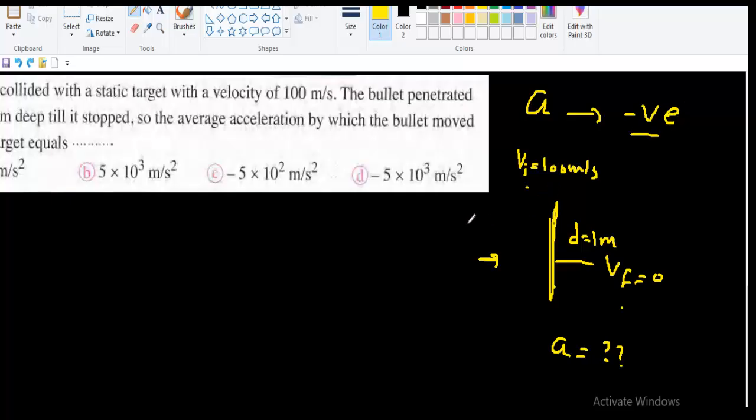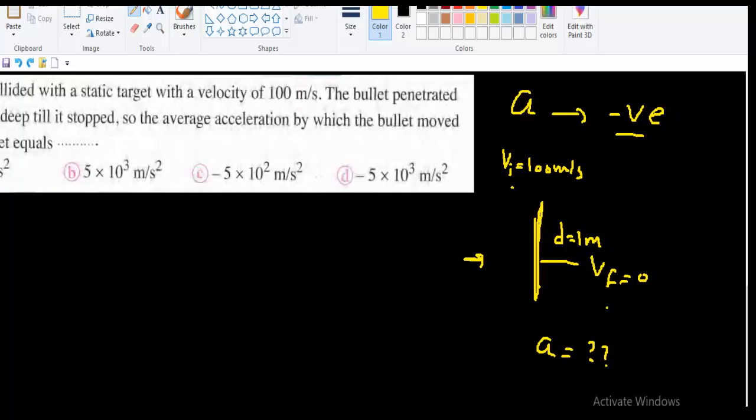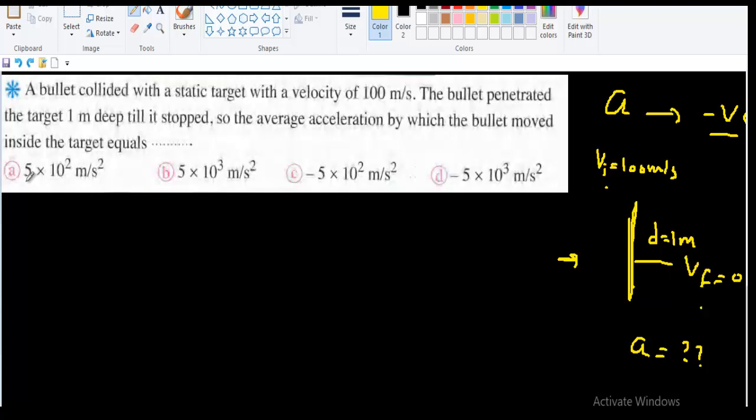As long as the body is decelerating, or the velocity decreases, or the body stopped, the acceleration will be negative, so we have to exclude these answers, so the answer will have a negative sign.